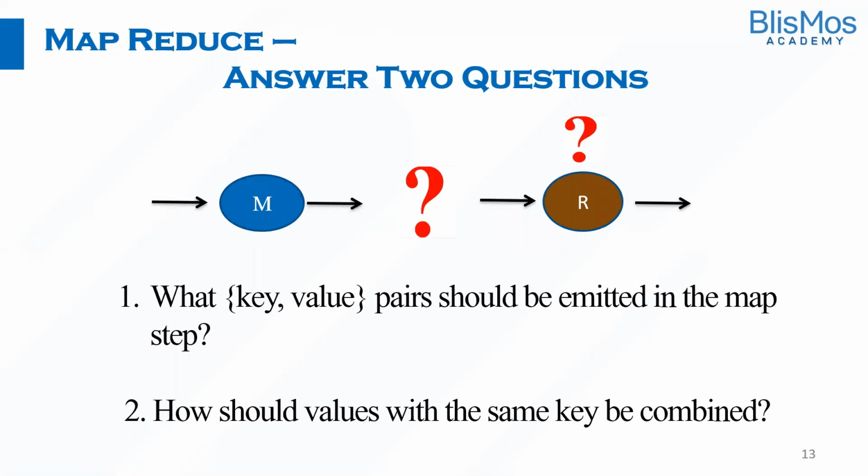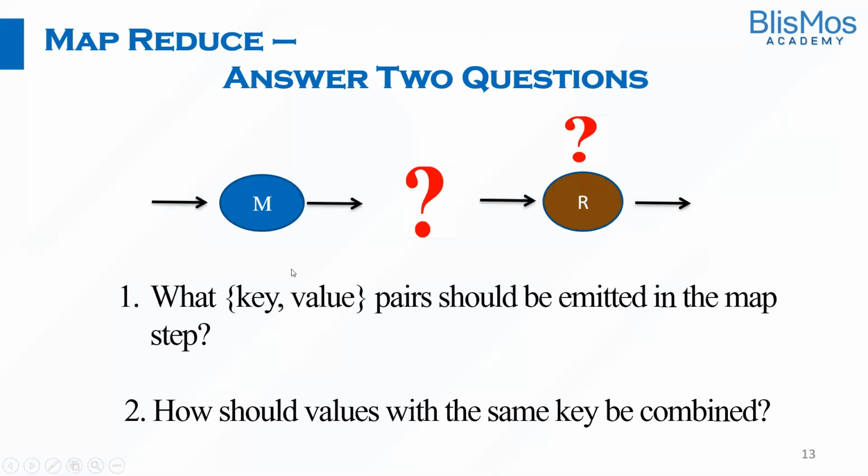Now, if we really want to go ahead with MapReduce, we have to ask two fundamental questions. What key value pair should be emitted in the map step? We need to really think about that, because for all problems we cannot write the same mapper and reducer logic.